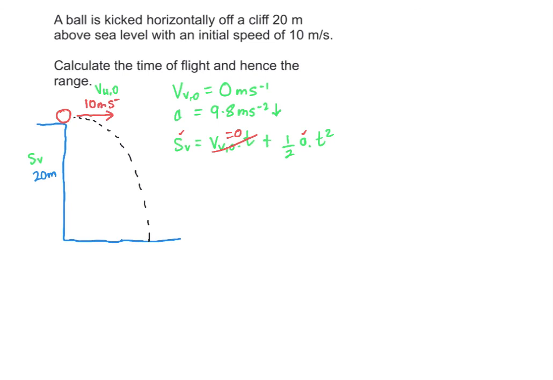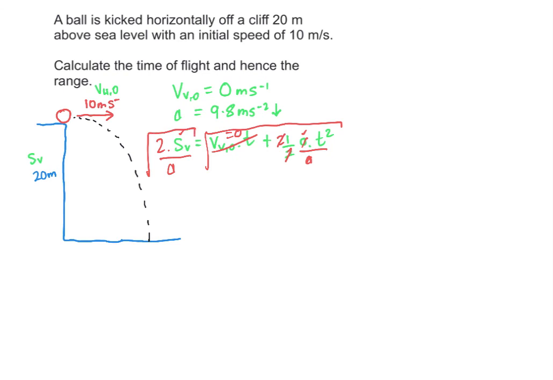So we want to get rid of the 2 on the bottom here, so we times both sides by 2, and then that cancels. We want to get rid of the a here, so we divide by a on both sides, and the a's cancel. And to get rid of the t squared, we take the square root of both sides.